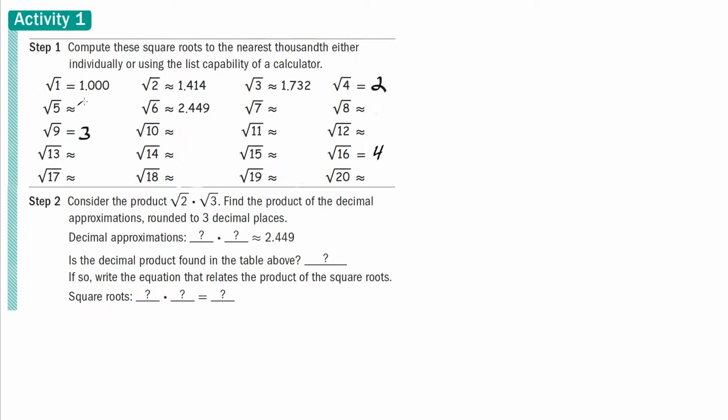It was 2.24, but it was actually 2.236. And for 7, it's 2.646, 2.828, 10.